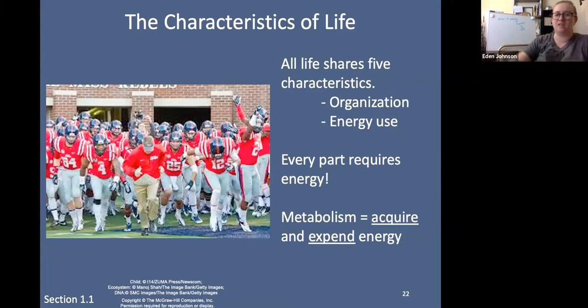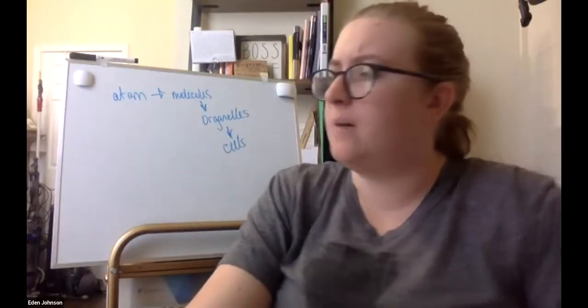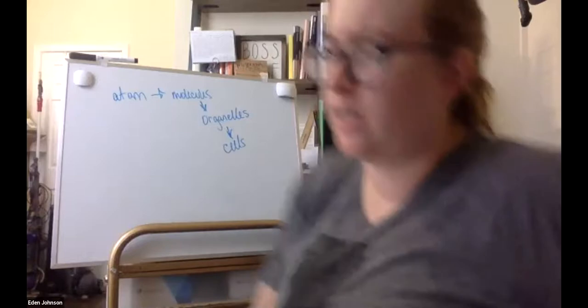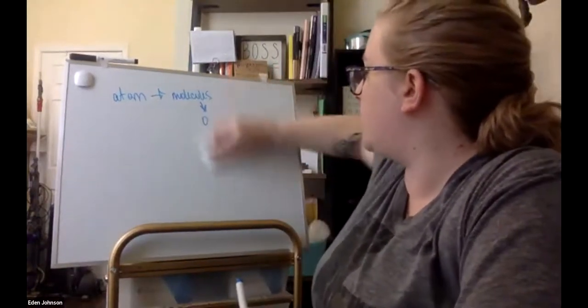Your metabolism is this intricate thing where every single one of your cells is taking in and releasing energy all the time, okay? That's your metabolism. And you have different types of energy use that I forget if we'll actually talk about later on. I might put this on your quiz though.